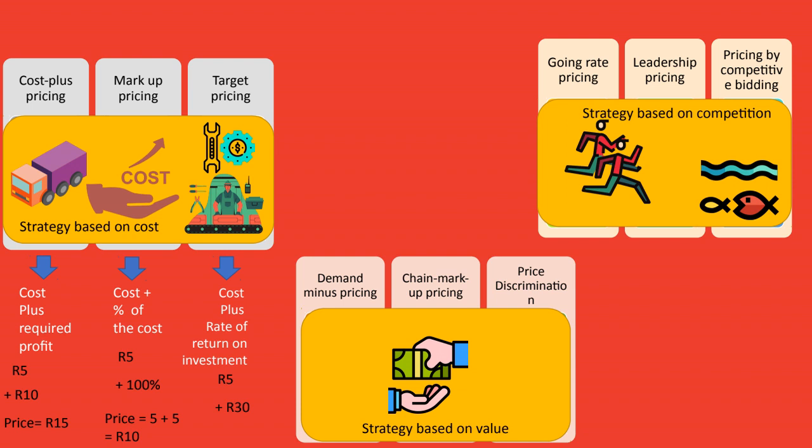Markup pricing is very much the same, except you add a percentage, and then target pricing is very much the same, and it is based on a rate of return. So if you want to make 30% profit, what do I need to add to the cost of that product to get my price?